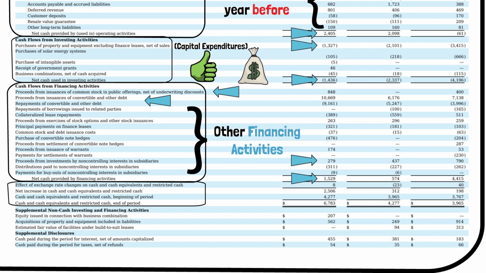In 2019, Tesla had $6.7 billion in cash, cash equivalents, and restricted cash available for use. This is the end of the cash flow statement. The sections below represent supplemental information to the numbers already given in the cash flow statement above.